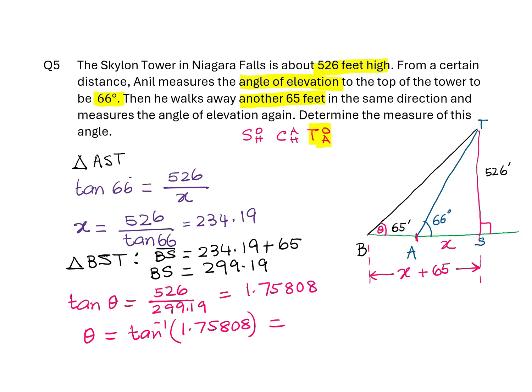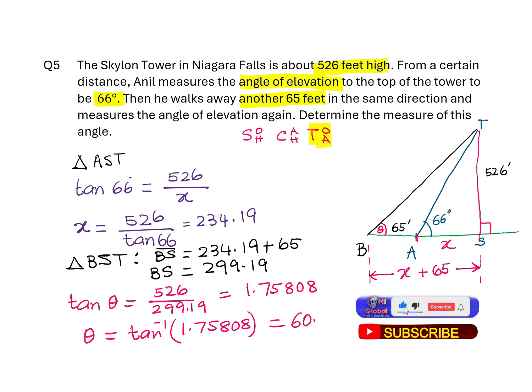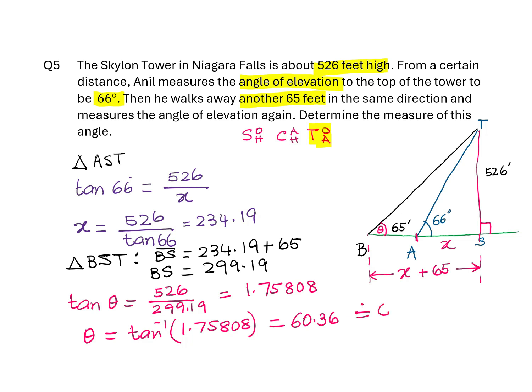And now we find shift tan inverse of the answer, which is 1.75808, and we get the angle as 60.368. Correct. So we can round this to around 60 degrees. So that becomes the angle of elevation from point B, rounded to a whole number.